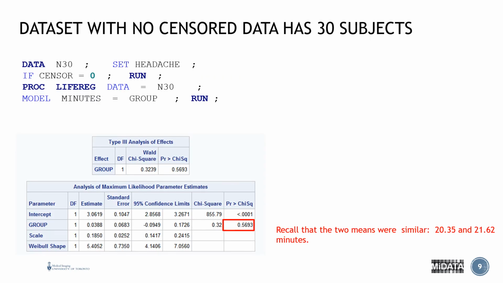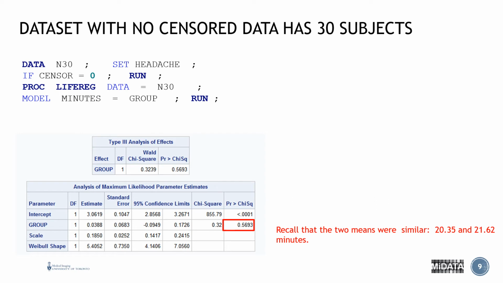So when we use all of the subjects, we get a significant difference in mean time between the two groups.